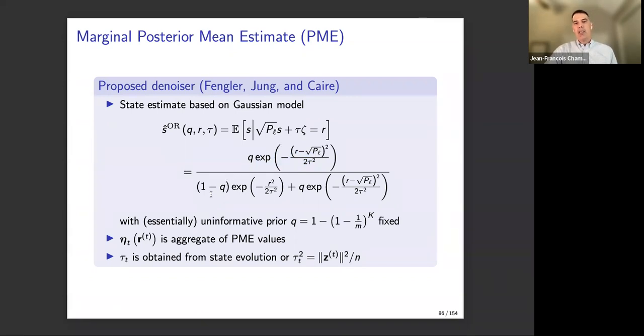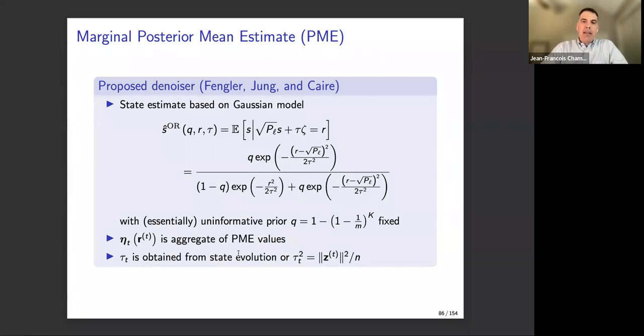And then what they say is that as a prior, we are going to use an uninformative prior within a section. So that's the probability, in some sense, that one entry is non-zero. And they show that this posterior mean estimate, which is a component by component conditional expectation, works quite well.